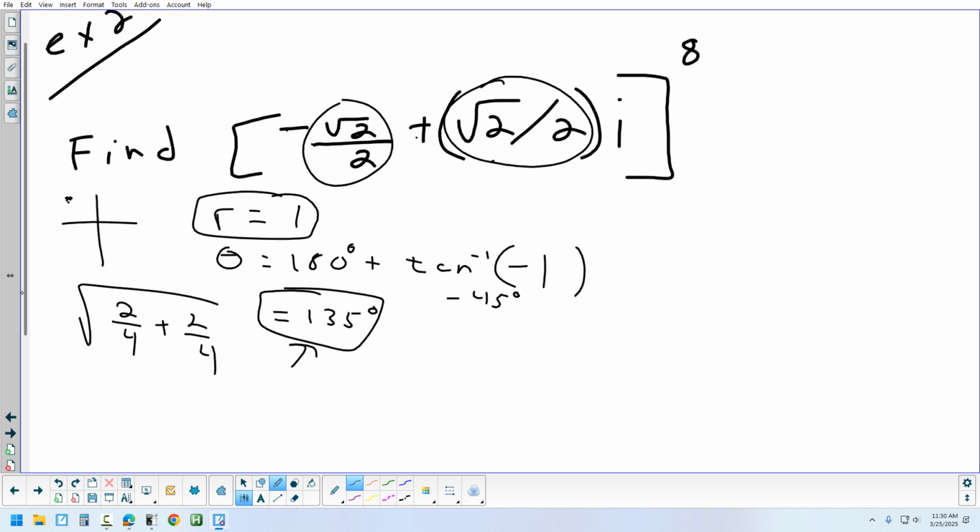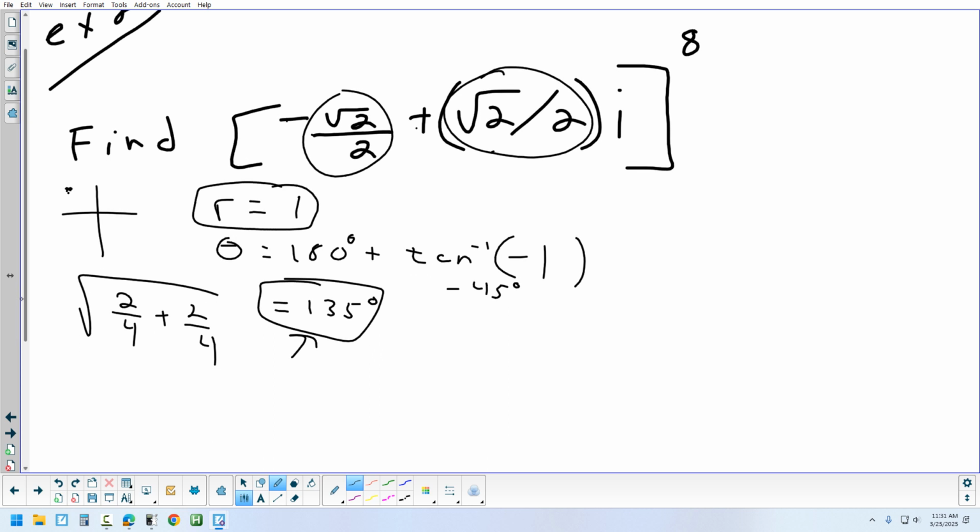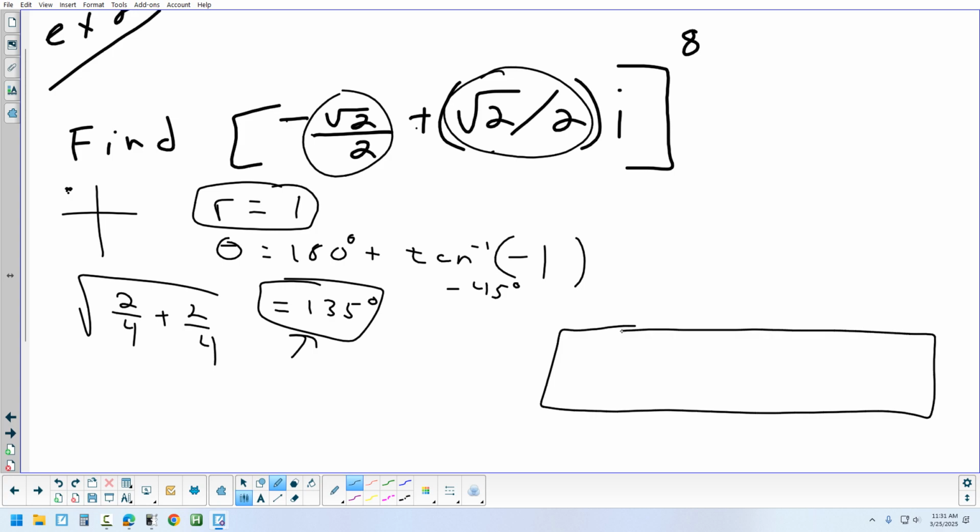Okay, so now, how am I going to get my radius for my final answer? 1 to the power of 8, which is just 1. And then, how am I going to get my angle? 135 times 8. Right, I'm going to do my angle times 8.